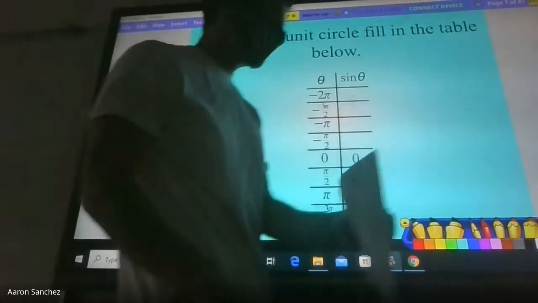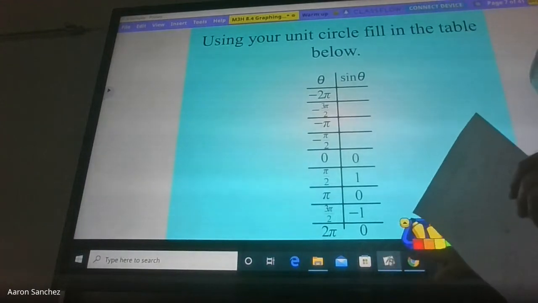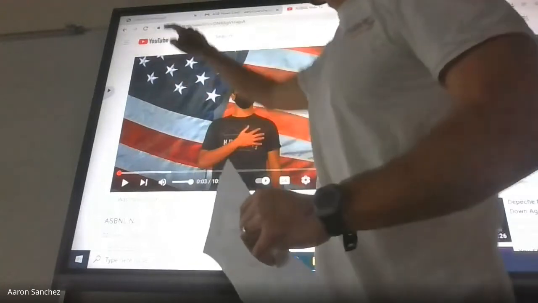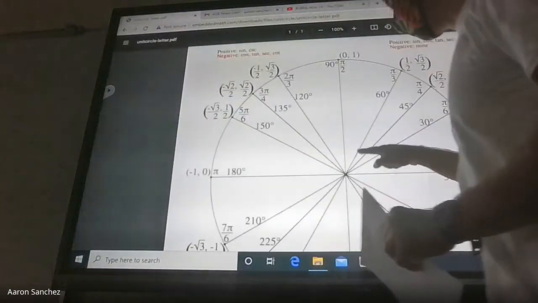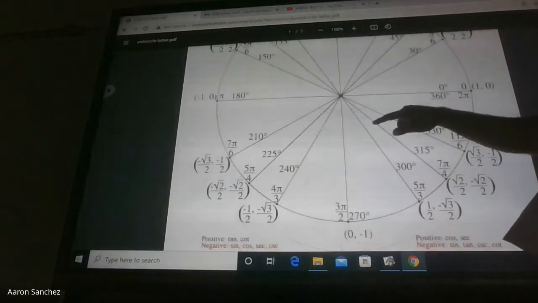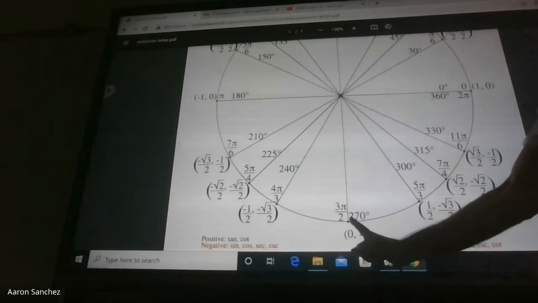Okay. So you guys look. Here is my printable unit circle, right? You guys see the first one's negative pi over 2? Pi over 2 is here. Negative pi over 2 is here.